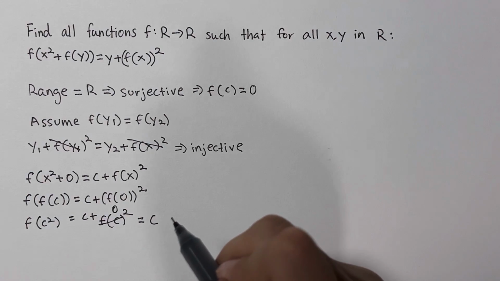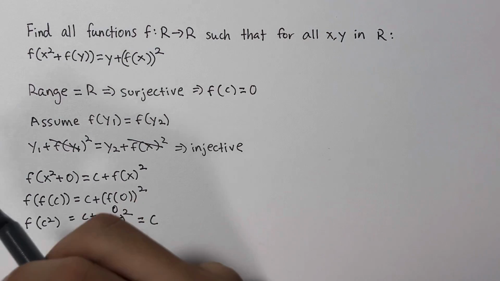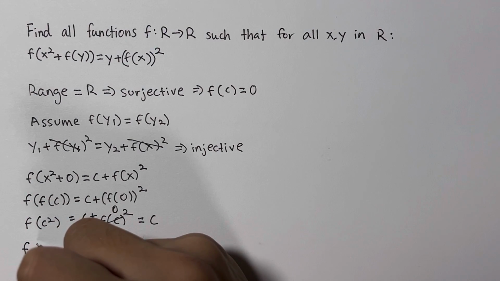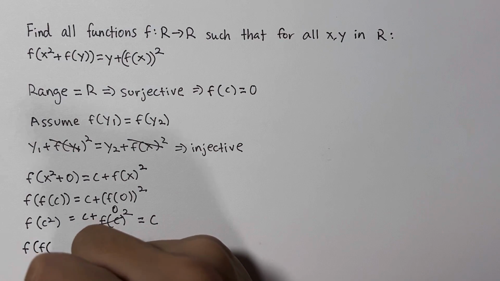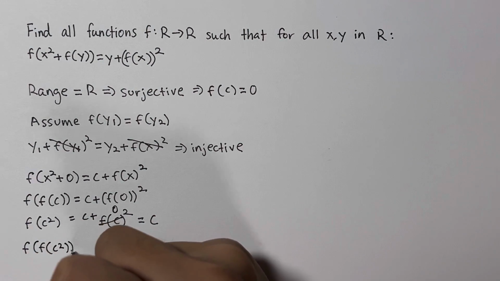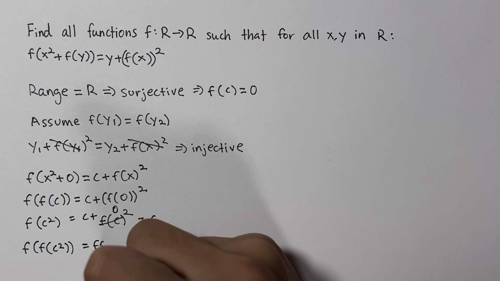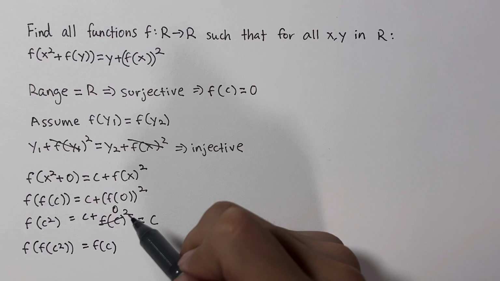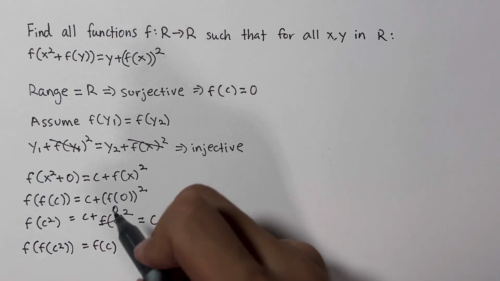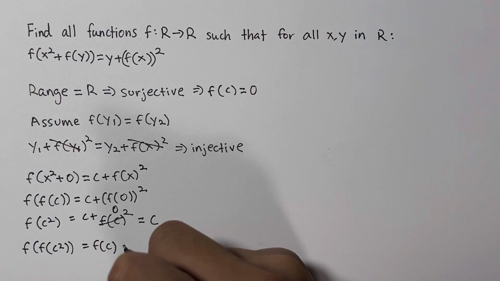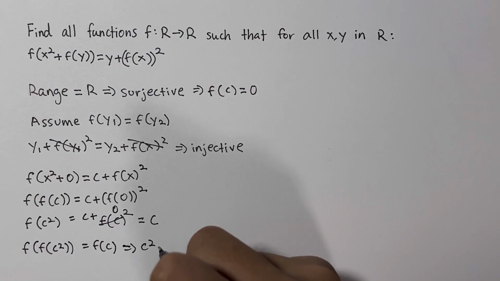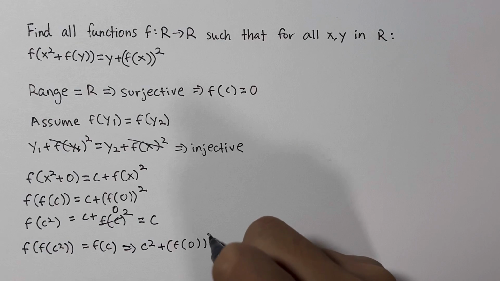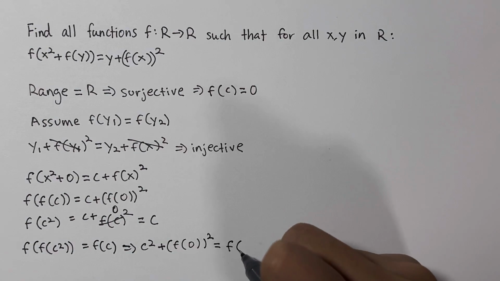Then, knowing this, we'll have f of (c squared) equals f of c. Using relation B on the left side with y equals c squared, you'll have c squared plus (f of 0) squared equals f of c.